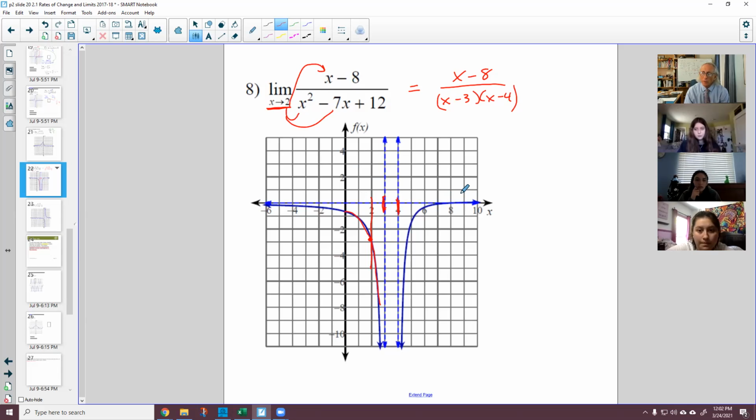I guess I just don't understand what the graph is for. The graph is just basically telling you that you can use substitution without having to do any of this stuff. You don't have to do this because you can just use substitution because the graph is continuous at x equals 2.